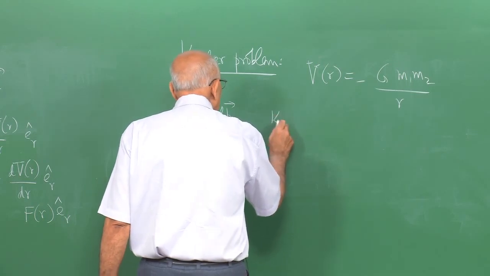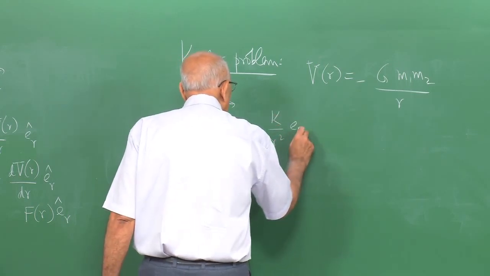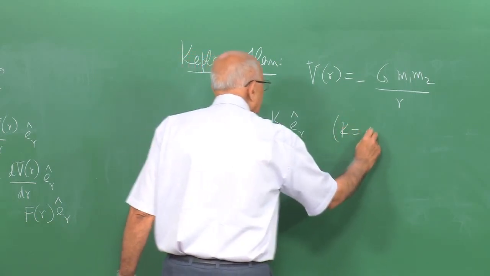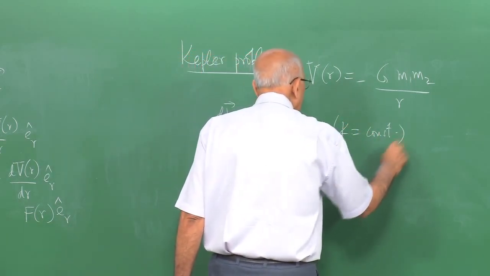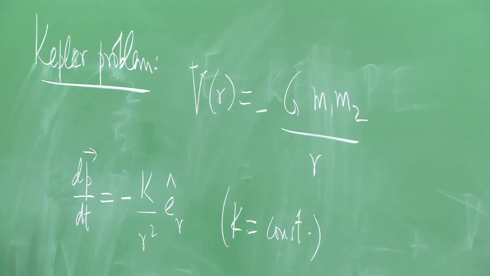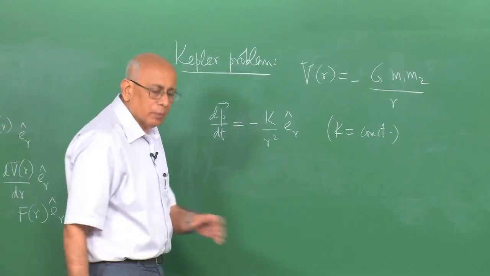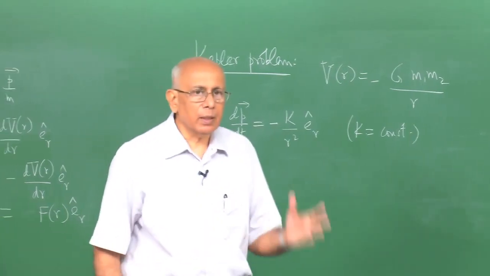So it's some constant divided by r squared e sub r with a minus sign. Some constant which is the product of the masses, capital G, and so on and so forth. So this is the problem that one has to solve in the case of the gravitational problem where you have a planet orbiting around the Earth.